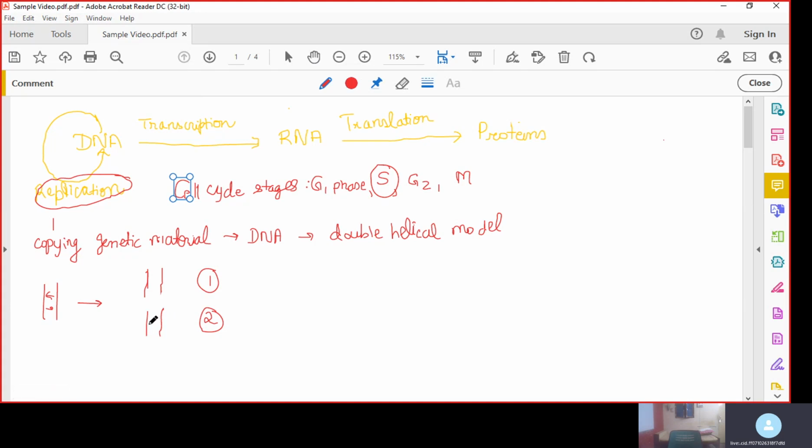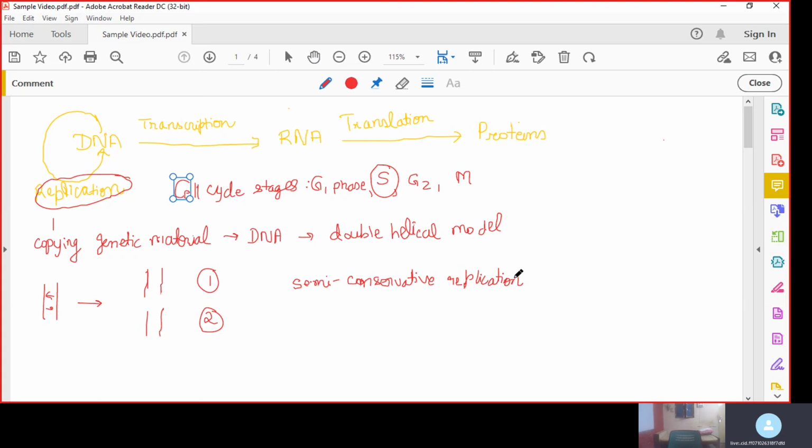Now we will move on to the mode of replication. The mode of replication was the semi-conservative mode of replication. What is the semi-conservative mode of replication? Let's see.